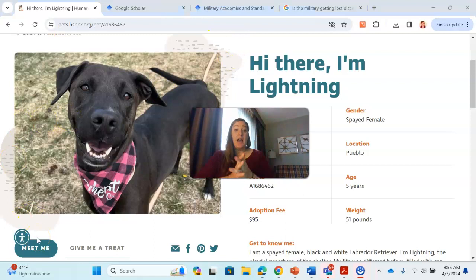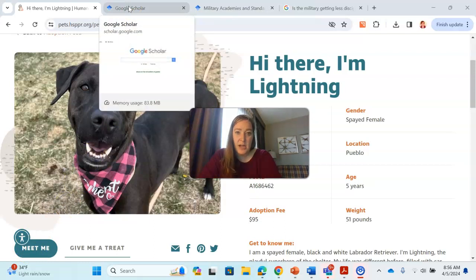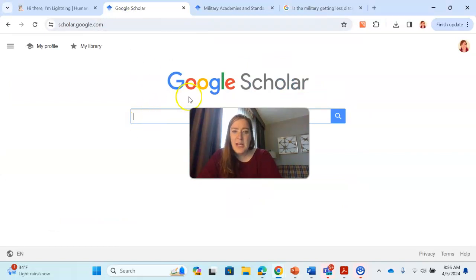Now, there may be a lot of conversations about animal shelters that are happening in the public, in newspapers and magazines, but there's also a lot going on in scholarship. And if I want to know what scholars are saying, what's the ongoing academic conversation about this topic, come over here.